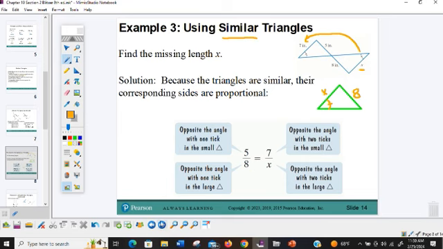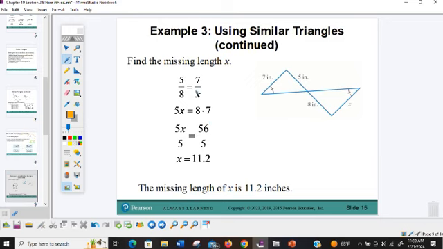How you solve it is you cross multiply. 5 times x is 5x equals 7 times 8 is 56. And when you divide by 5 to get x by itself, you find that that side is 11.2 inches long. That would be this side, 11.2.